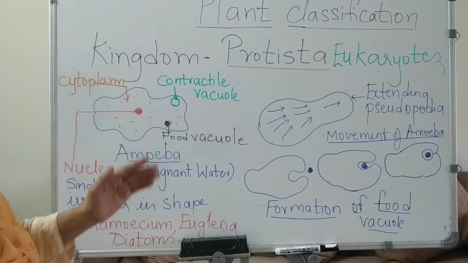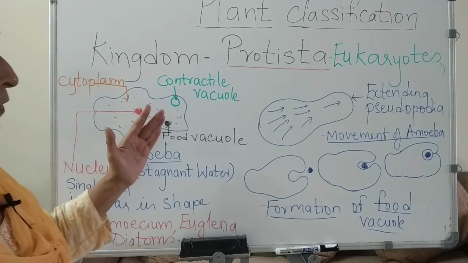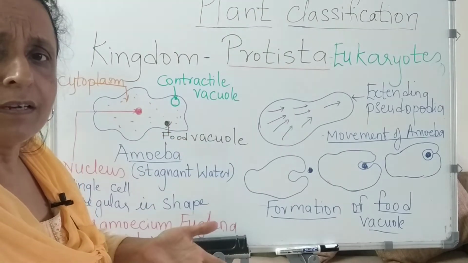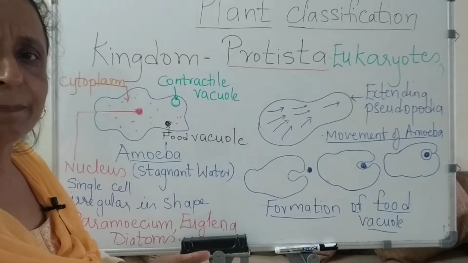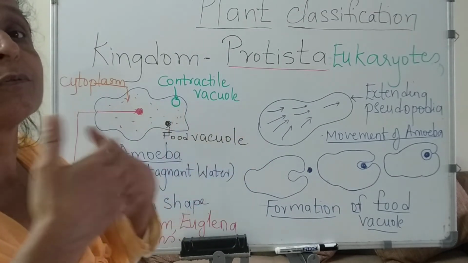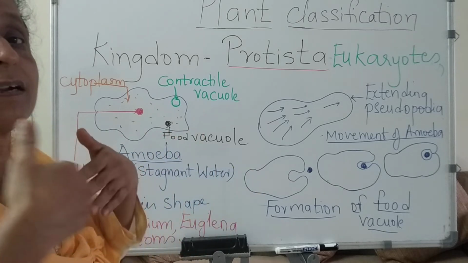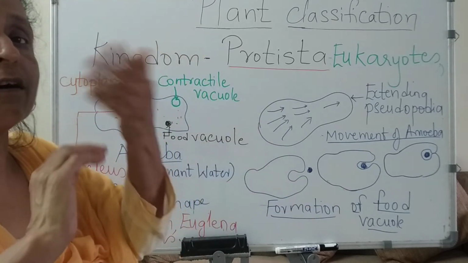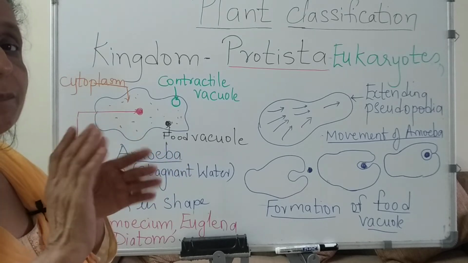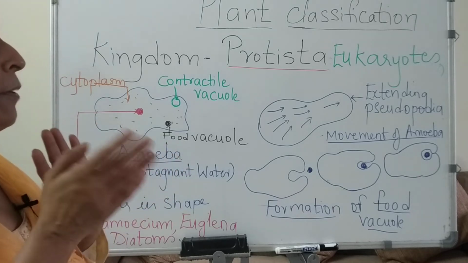Now, it has the respiration. It is an organism, so it will carry out respiration. Respiration again takes place through the cell membrane. Carbon dioxide goes out and oxygen comes in.